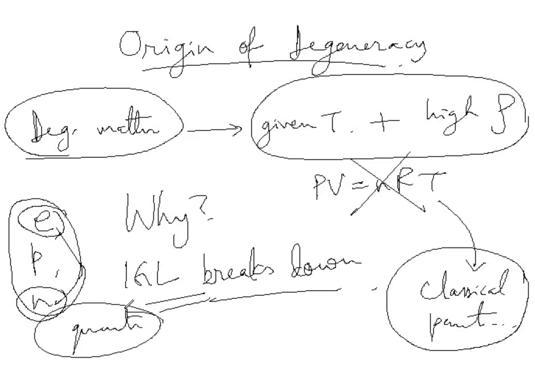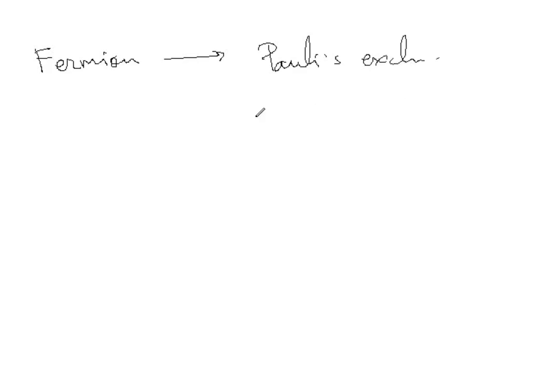Quantum behavior starts manifesting. Now the very fact that they are fermions starts becoming important. And how do they become important? For fermions we know that there is a very important rule, and that is Pauli's exclusion principle: no two fermions can remain in the same quantum state.